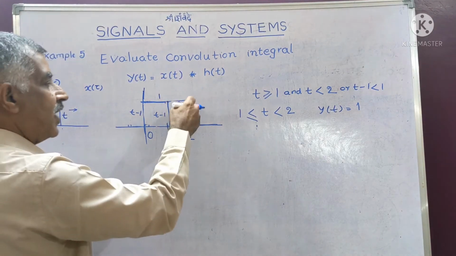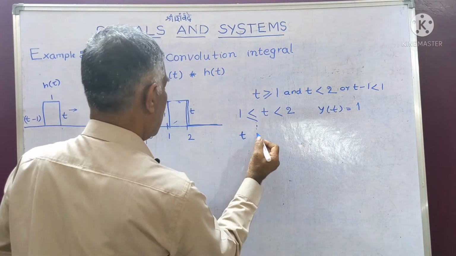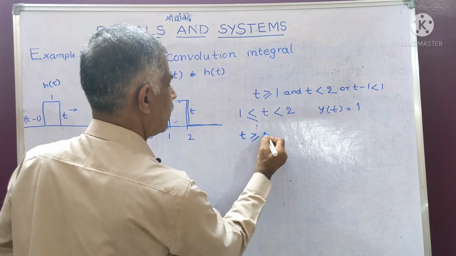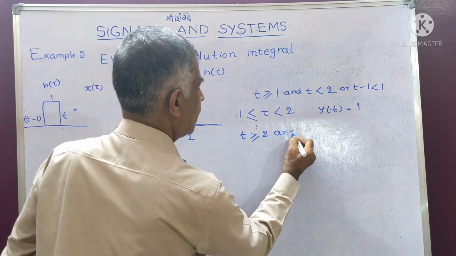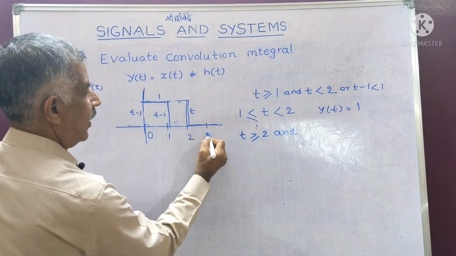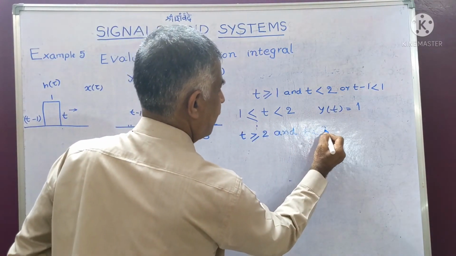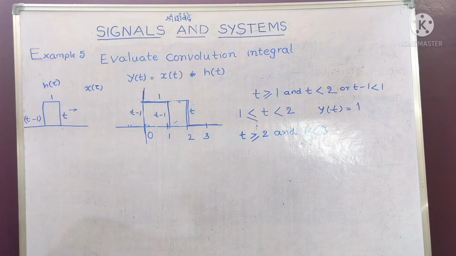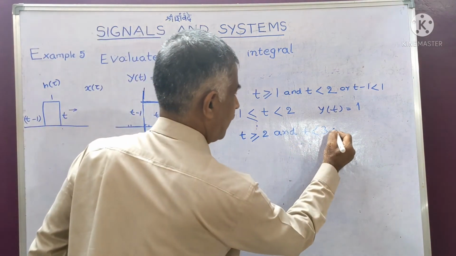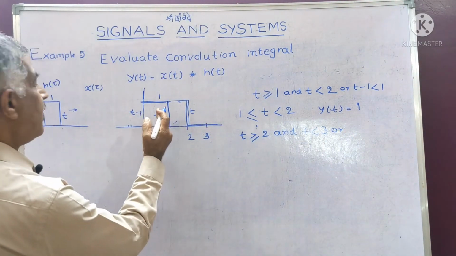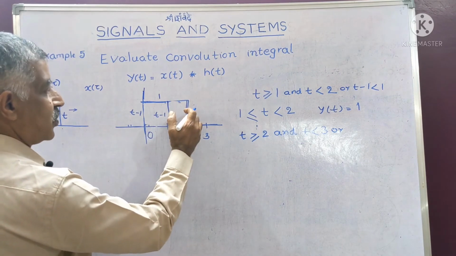Now take this edge, t greater than or equal to 2, and you move up to 3, t less than 3, or this t minus 1 edge occupies this position.